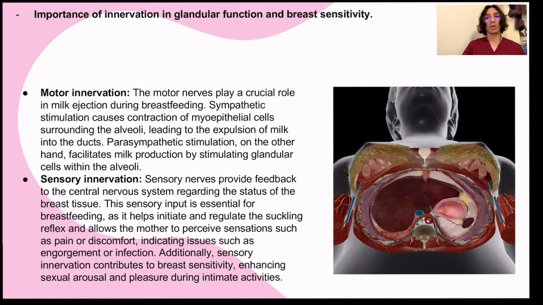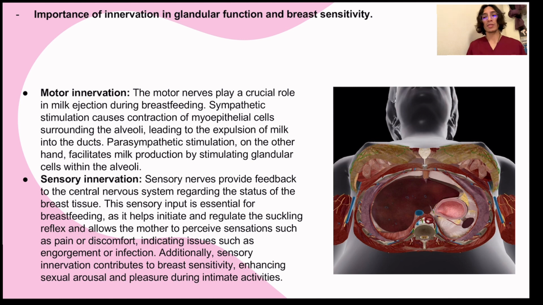Sympathetic stimulation causes contraction of myoepithelial cells surrounding the alveoli, leading to the expulsion of milk into the ducts. The parasympathetic stimulation, on the other hand, facilitates milk production by stimulating glandular cells within the alveoli.